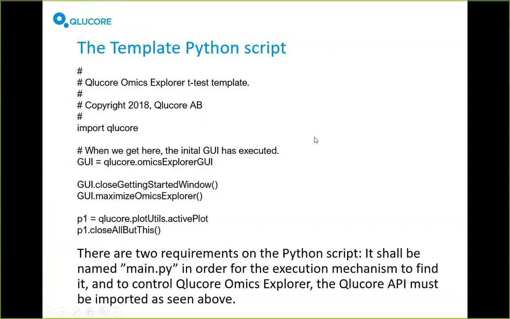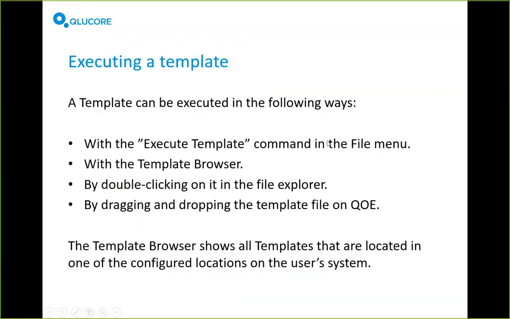I'll go on with the presentation here. A number of things will be skipped in the presentation for now because I'll show them with the software instead. I'll just mention how to work with templates, because executing a template can be done in several different ways. There's the execute template command in the file menu, which allows you to select a template and run it. You can use something we call the template browser, which is a simple interface to work with templates.